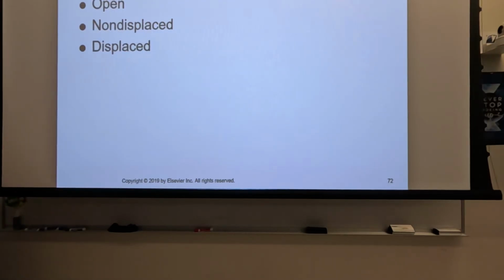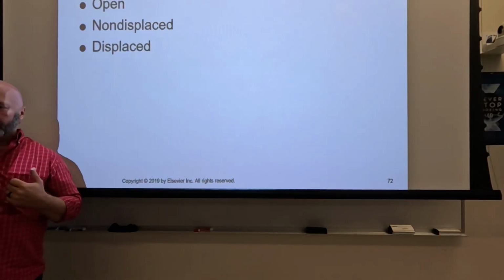We're going to have subsections or subcategories of those. Displaced versus non-displaced basically is the difference in how much manipulation is going to have to take place to get the portions of the bone lined up again, right?